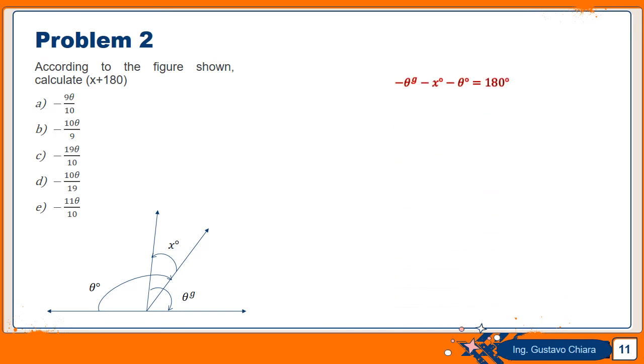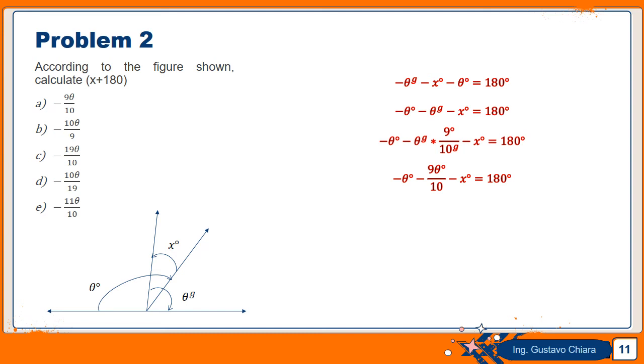Negative theta minus x minus theta in the sexagesimal system is equal to 180 sexagesimal degrees. We simplify this expression, and we know that 9 sexagesimal degrees is equivalent to 10 centesimal degrees. So now we have all the expression in the same system: minus theta minus 9 theta divided by 10 minus x is equal to 118.